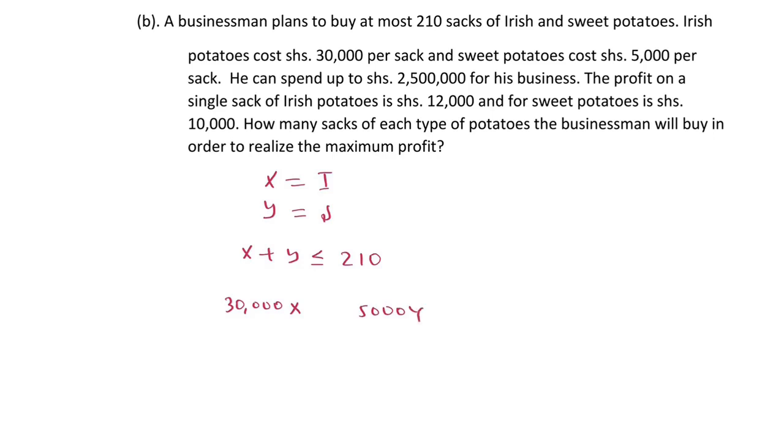But he can only spend 2.5 million, meaning the sum of 30,000 x and 5,000 y should be less than or equal to 2.5 million. Then our inequality is going to be 30,000 x plus 5,000 y is less than or equal to 2.5 million.